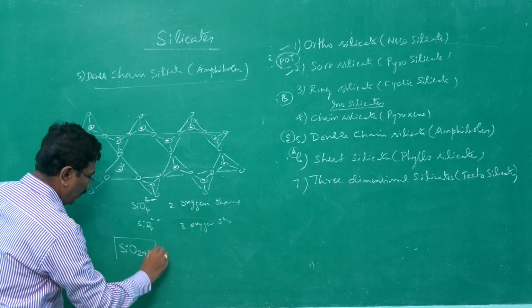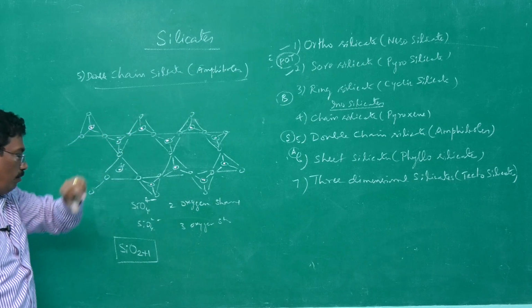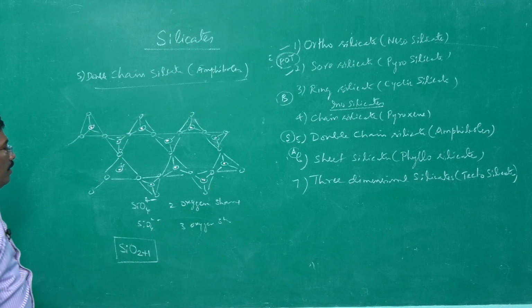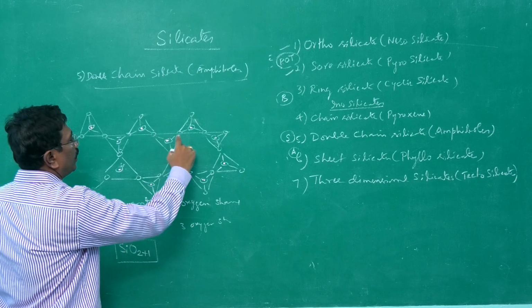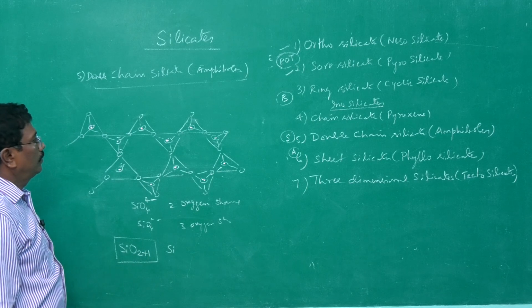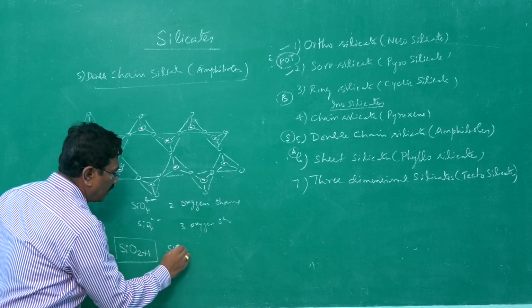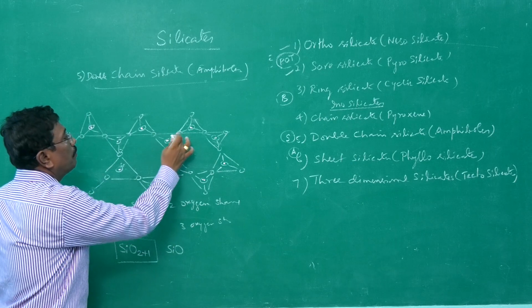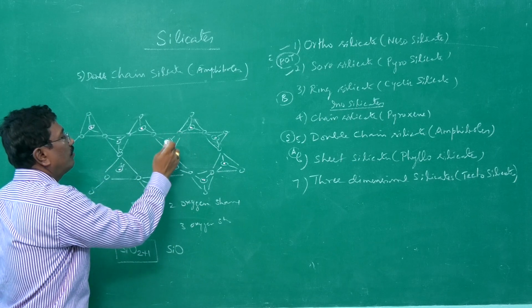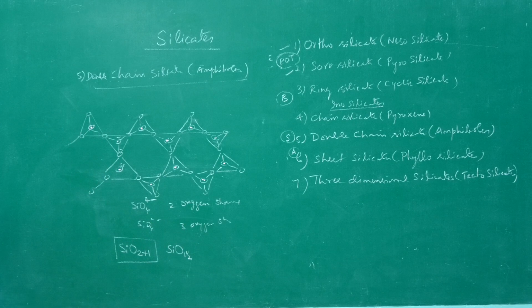Therefore, this part due to this type of SiO4 4 minus units. What about this part? Here 3 units are being shared in this Si. So, totally only 1 is for this oxygen, remaining 3, 1/2. Therefore, only 1/2.